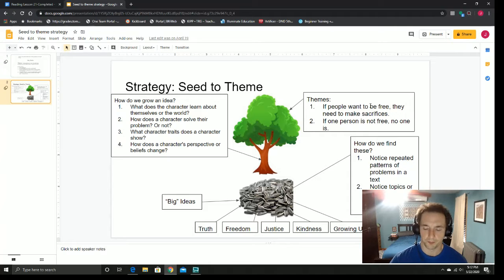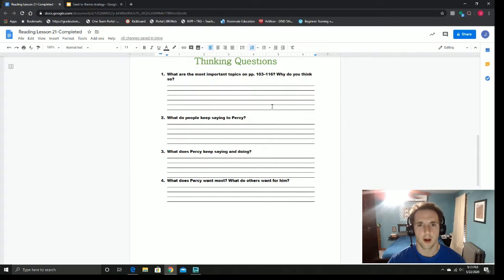And so that's what we're going to do today. Really first looking at repeated patterns of problems or repeated patterns of topics that are brought up in these two chapters. And then we can take a look at what Percy thinks and what Percy does, and then grow that idea into a full-fledged theme.